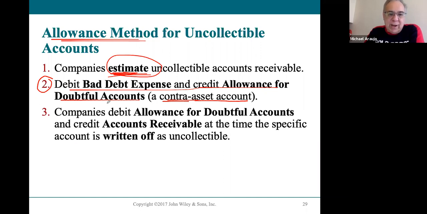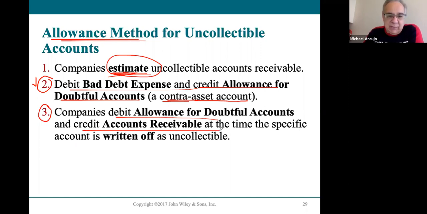Okay. Well, and that only happens once a year. That's the important thing here. It's only happening at the end of every fiscal year. So what happens as the year goes on and they identify customers who are not going to pay? Well, that's the third step. They simply will take the money out of the allowance and close out the receivable of the person or company that has not paid. Okay.